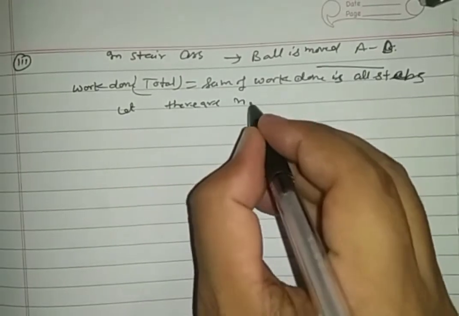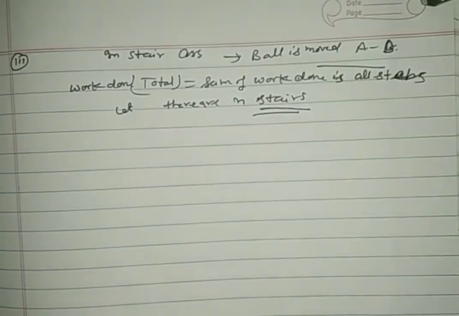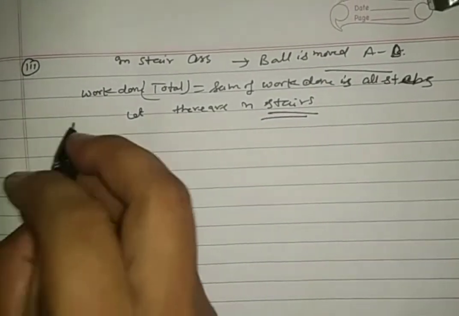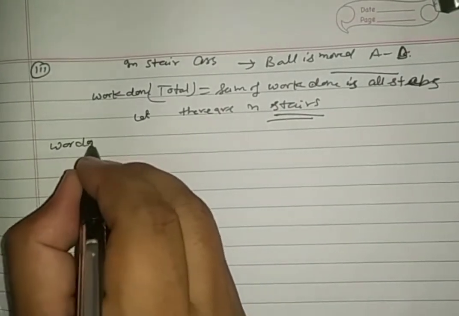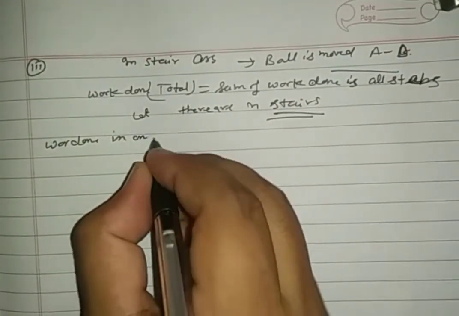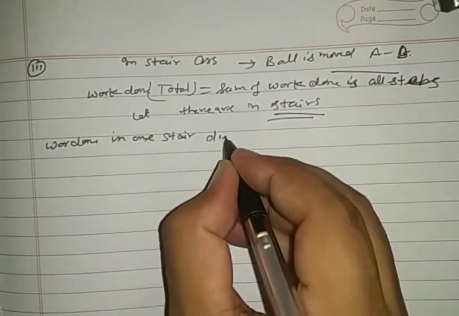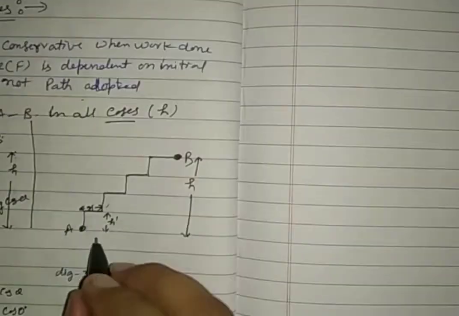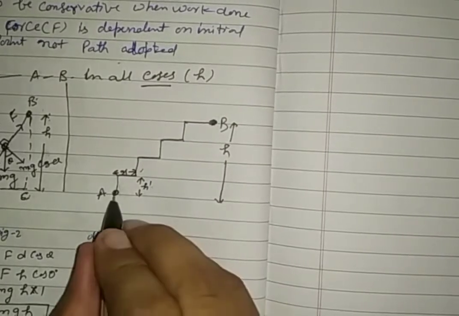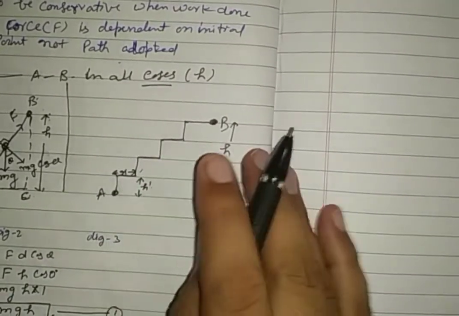There are n stairs. Now see how to calculate work done in one stair. Let it be dW. In one step, it travelled h dash vertical distance and x horizontal distance.